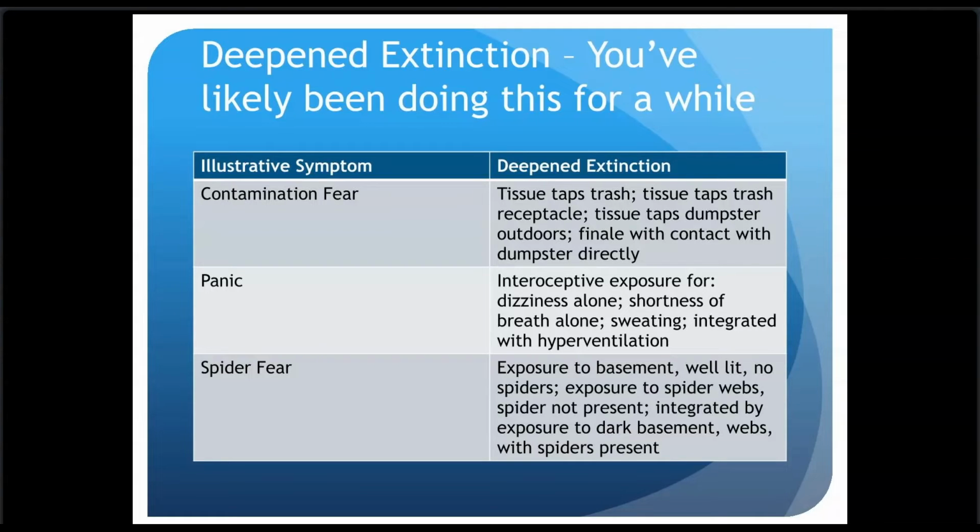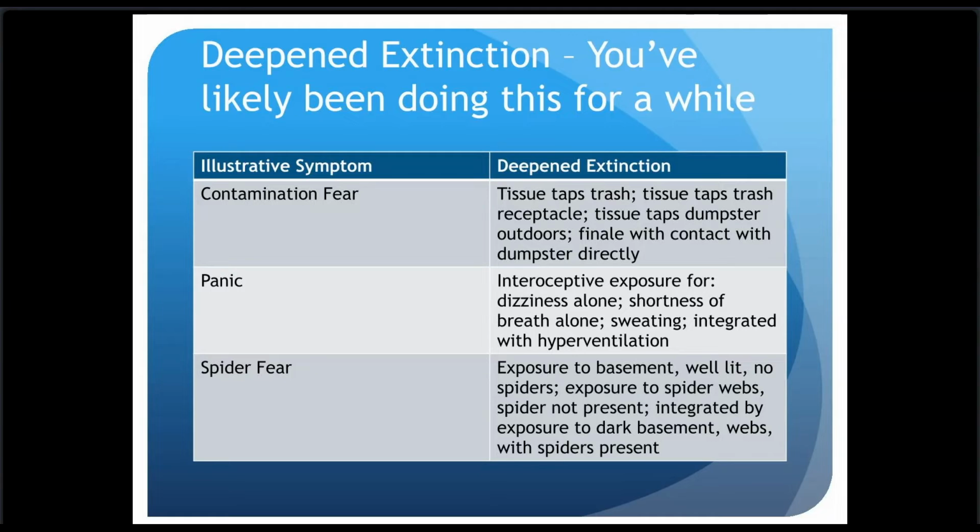It taps the trash can, then touches trash, then touches the receptacle, then maybe it touches a dumpster, and then finally, the person has direct contact with the dumpster. So that sequence for deepened extinction is handling this tissue that's been sullied in numerous ways as a build-up to the finale of, now stick your hands on the dumpster.